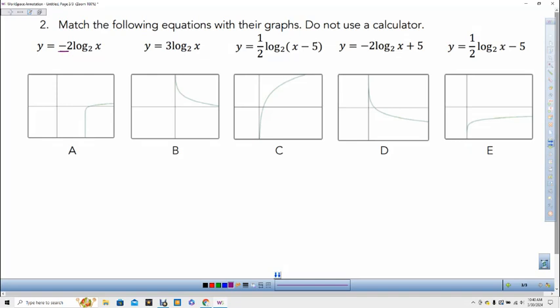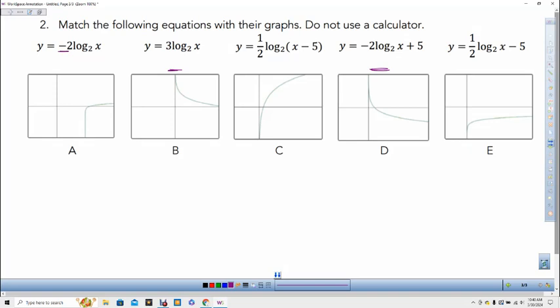So the ones that are going to have a negative out in front of them are going to flip over from what we're used to. In other words, this is a negative. This is a negative. All the other ones have positive numbers in front. Can you guys see that? This is your general shape of a log graph. This is flipped over.